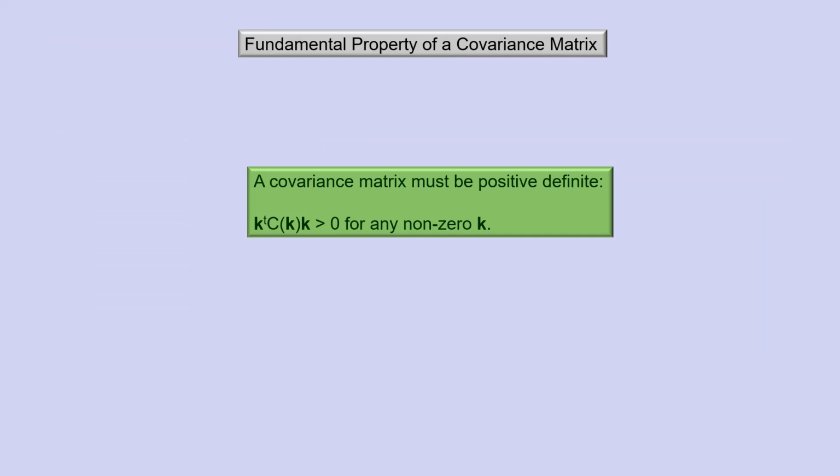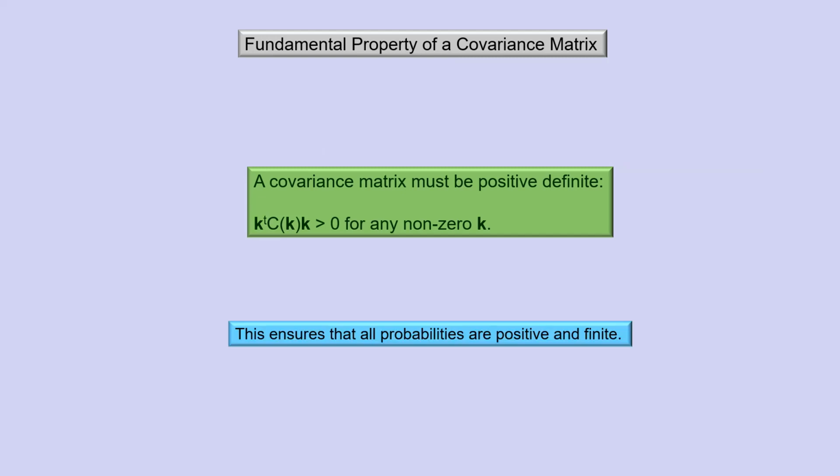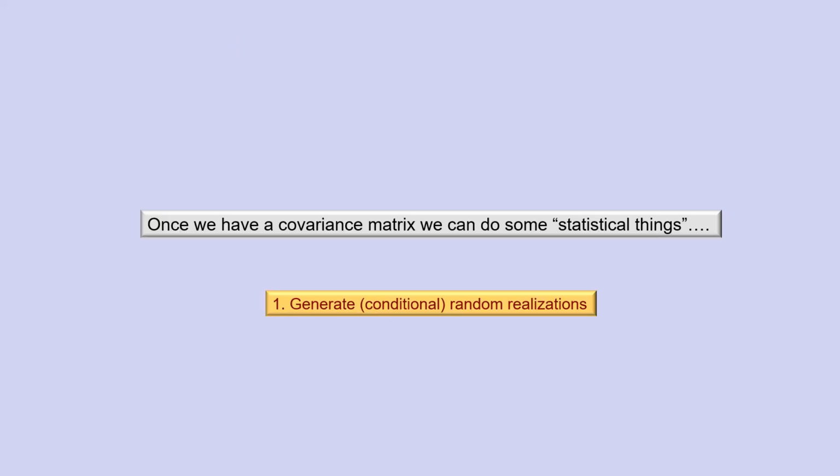Of course, in filling that matrix, in coming up with a function, we've got a fundamental rule we have to obey, that is that the matrix remains positive definite. And as we said before, this ensures that all probabilities are positive and finite. Now once we've come up with a statistical characterization of the variability of a hydraulic property beneath our model domain, then we can do some statistical things. For example, we've now got a high-dimensional probability density function.